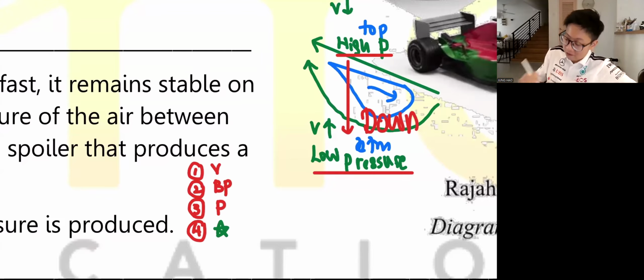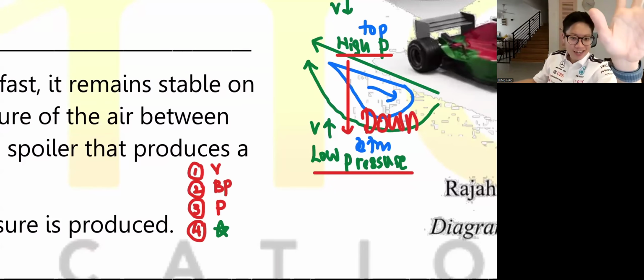Who remembers what number 4 needs to talk about? The force? Yes, we have to talk about the force, but there is a specific way, guys. The way you write it is very important. I see some people have written the answer that I want already. Very good, very good.